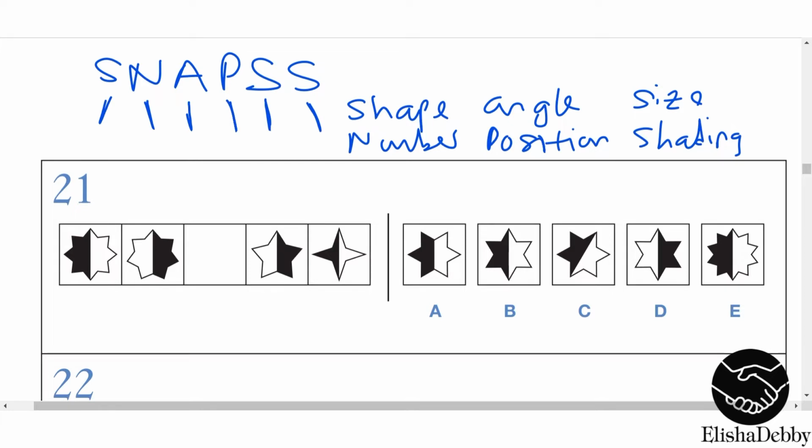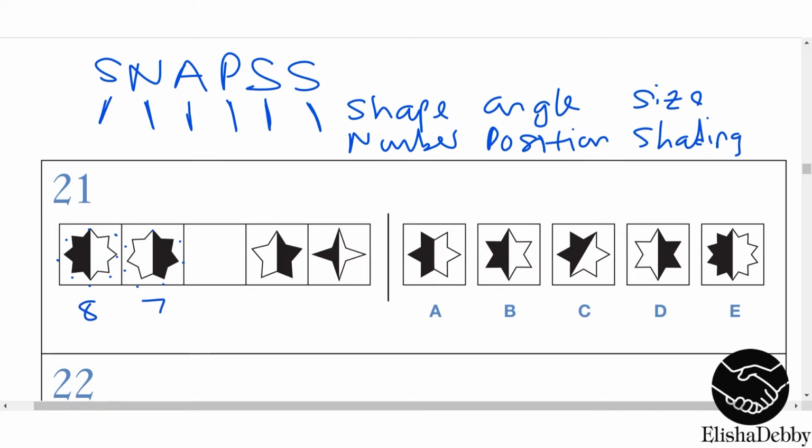For this shape, we can look at the number of angles. Here you have 1, 2, 3, 4, 5, 6, 7, 8. On this one, you have 1, 2, 3, 4, 5, 6, 7. So it seems it's going 8, 7.